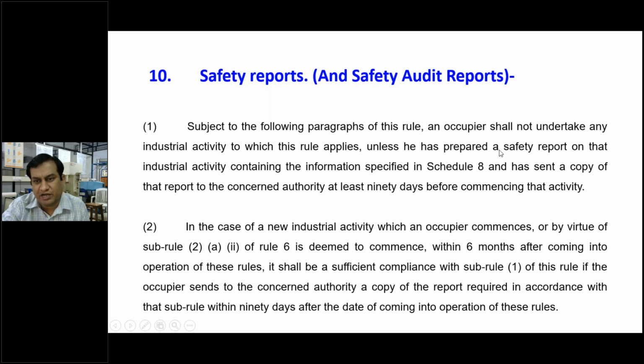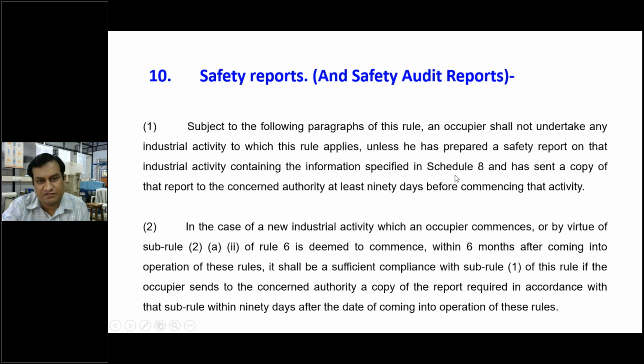So you have to prepare a safety report after an accident or before starting an industrial activity, containing the information specified in Schedule 8, and has sent a copy of the report to the concerned authority.